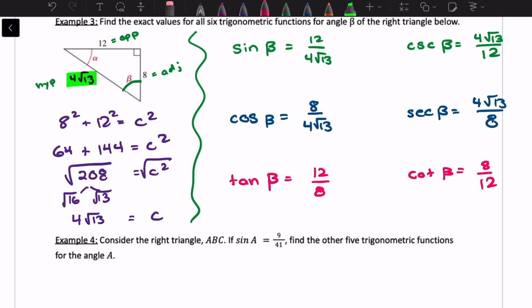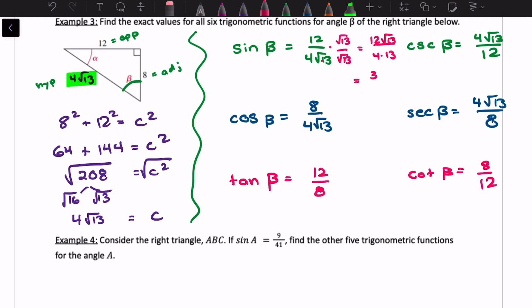So I'm going to multiply here the numerator and denominator by radical 13. And I'm going to get 12 radical 13. Radical 13 times radical 13 is 13. So 4 times 13. 12 divided by 4 is 3, so that helps me with that.